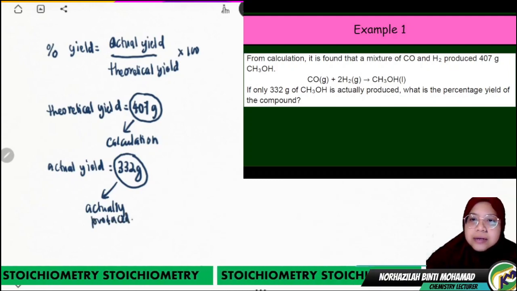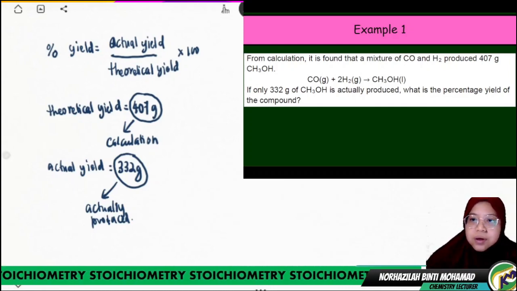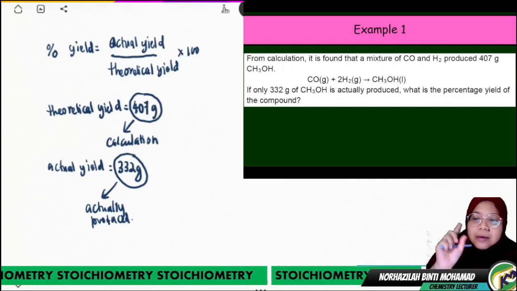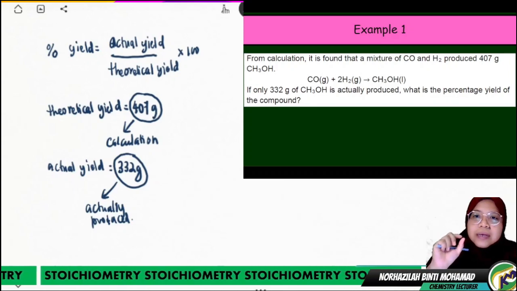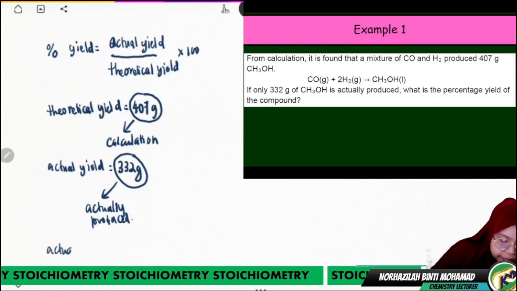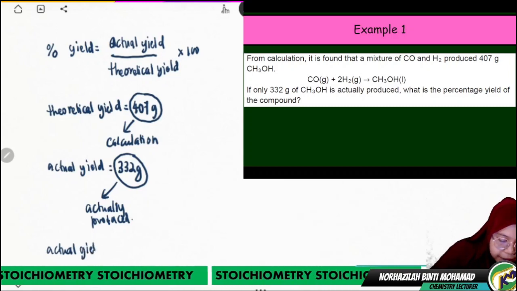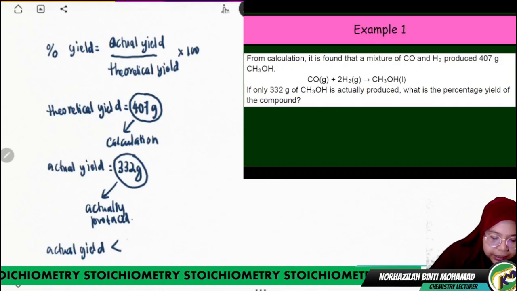Means that 332 gram is the actual yield and 407 is the theoretical yield. And we must remember that the amount of actual yield is always smaller than theoretical yield.